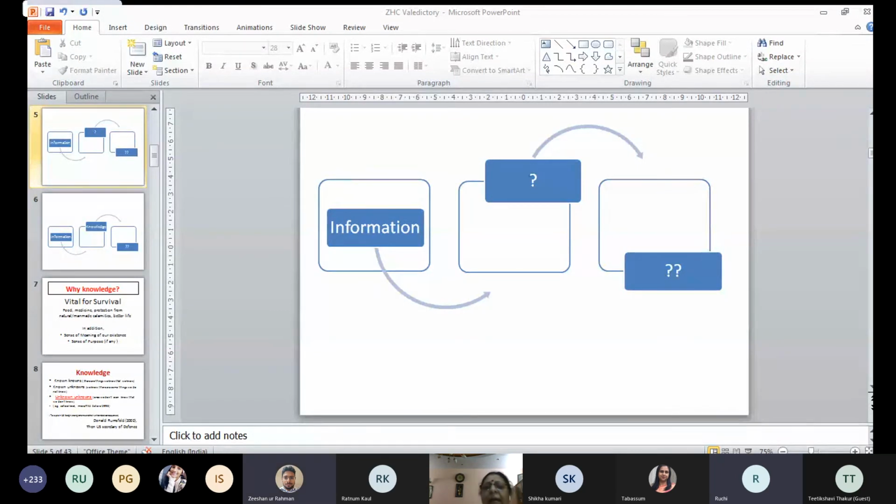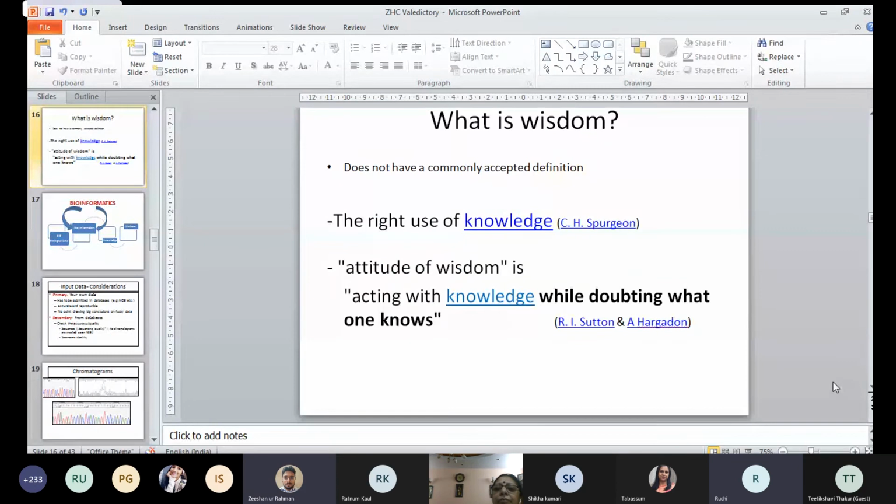Sorry for the interruption, ma'am. Your slide is not moving. We are still on slide 5, ma'am. Maybe it could be the reason that when you were sharing your screen, you have shared the PowerPoint presentation. If you share the window screen, that will be helpful.